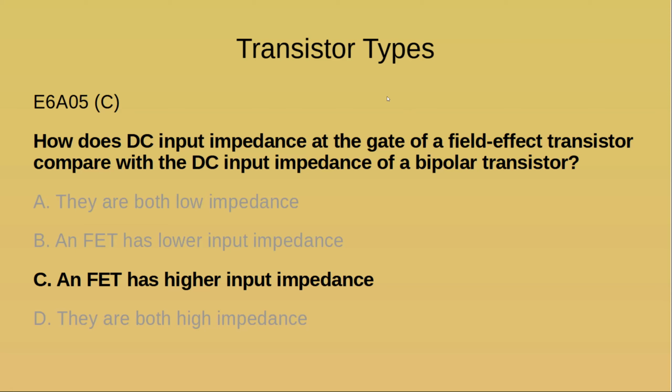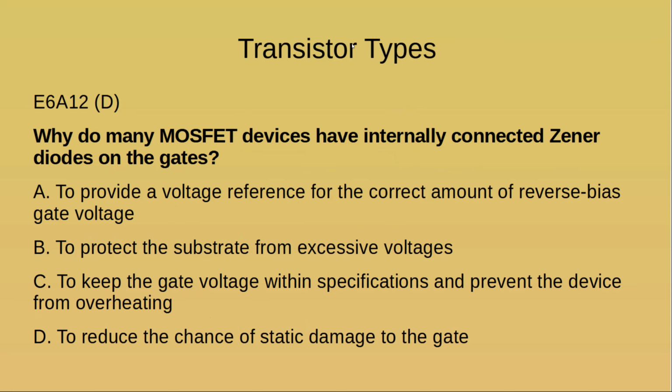There's no current flow on the gate to the source, just a voltage. Why do many MOSFET devices have internally connected Zener diodes on the gates?